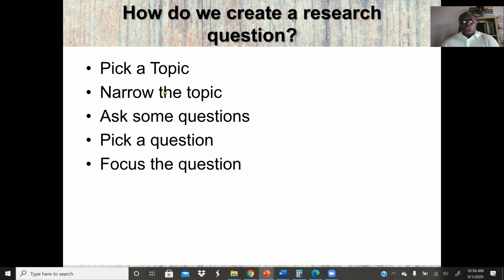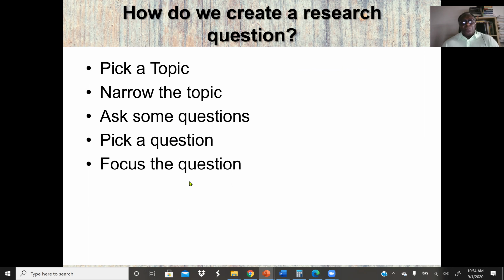First, of course, we need to pick a topic. Most important, we have to make sure the topic is of interest to us, or in our specialty. So first we pick a topic, then we try to narrow the topic. Then we may ask some questions. Then we pick a question, then we focus on that question. So these are 5 steps.